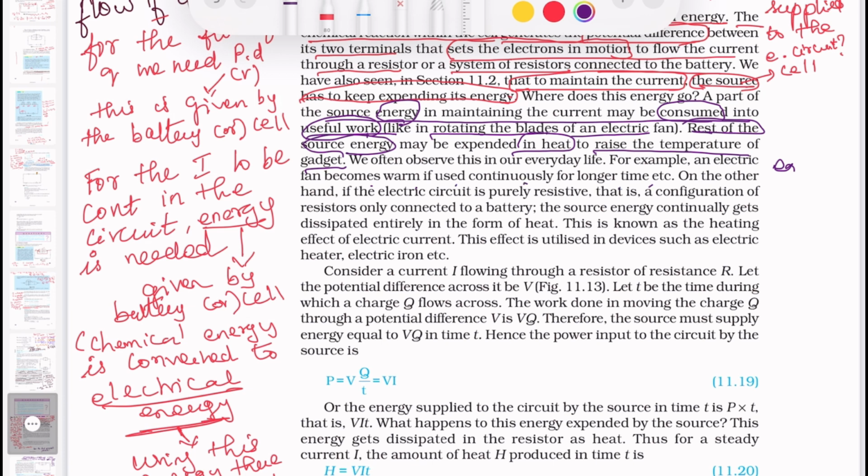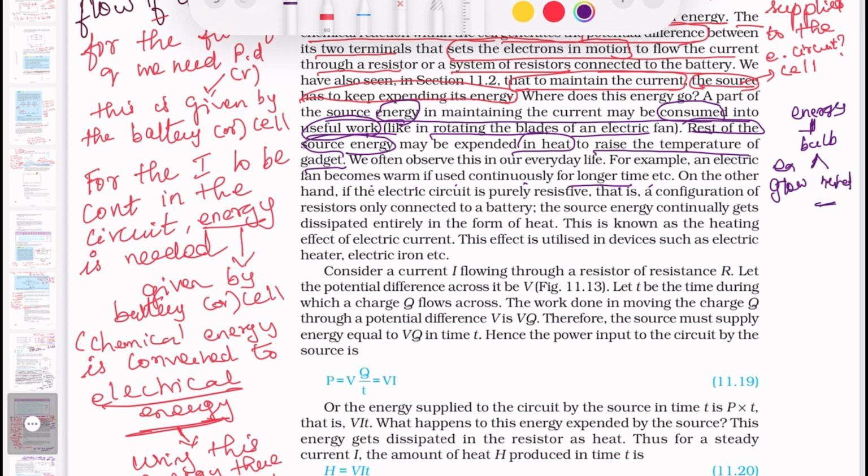Let's see why it becomes warm after a long time. The energy given to the bulb, the bulb uses the energy to glow, and then the bulb gets heated up.